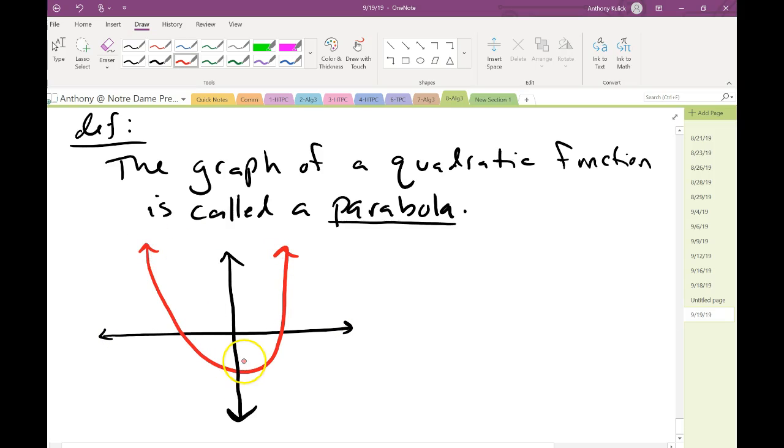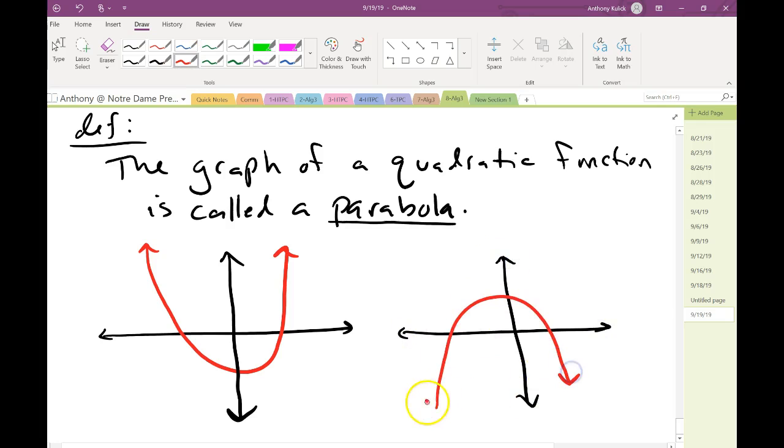It'll look like a U, or it'll look like an upside down U. For the record, parabolas can open up sideways as well, but those wouldn't be functions because they'd fail a vertical line test. So for this course, when we talk about quadratic functions, we're only talking about parabolas that either open up or open down, not ones that open left or right.